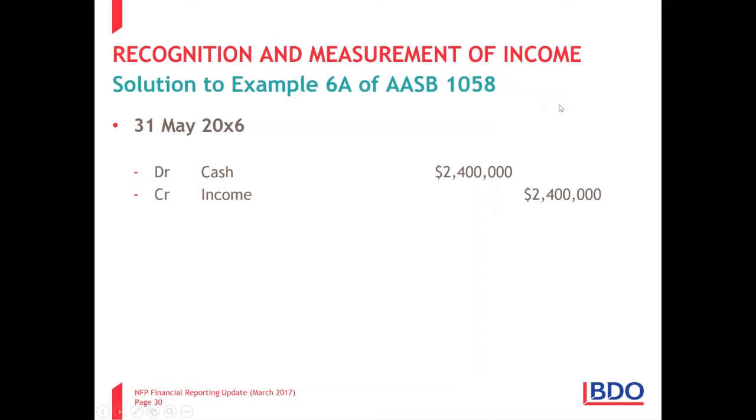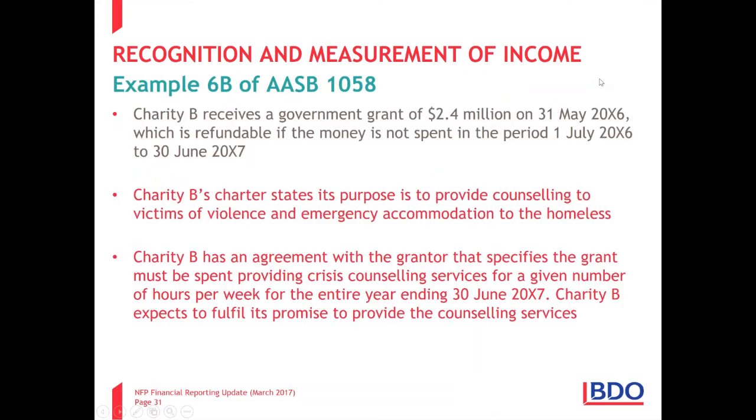This would happen when you get the cash, which is 31 May, year 6, although you'll only use the cash to perform your wonderful services over the next financial year. So in that situation, your big problem is that you don't have sufficiently specific performance obligations.